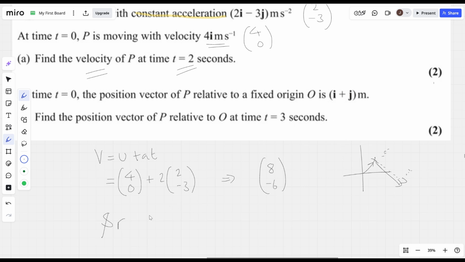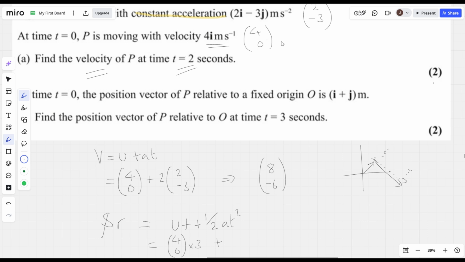So 3 seconds later, I've got the initial velocity. Okay, so which one do I want to use here? Well, one of them that's got s in, so do I want to do ut plus half at squared? I think I do. So ut plus half at squared, in that case, is going to be equal to (4, 0) times 3 in this case, plus a half of the acceleration.